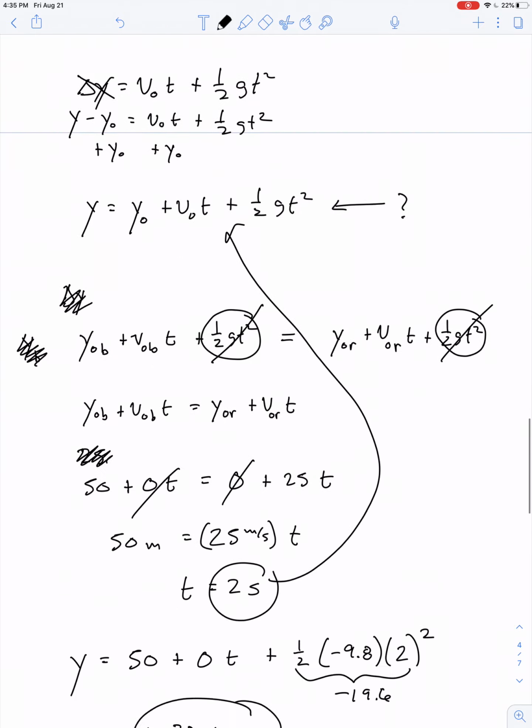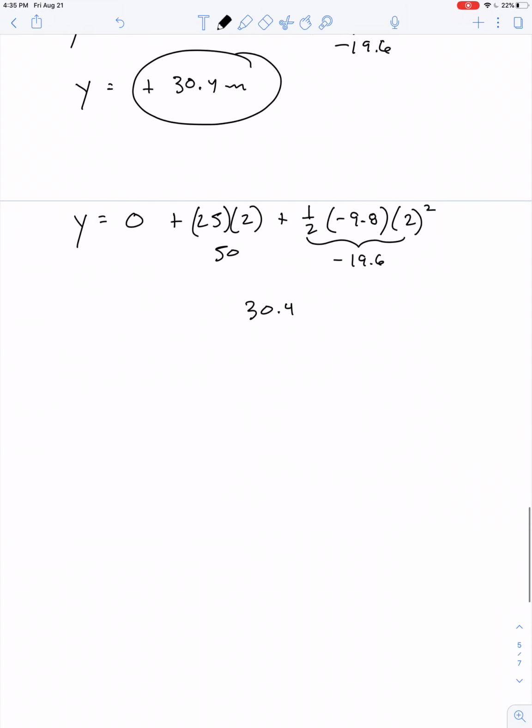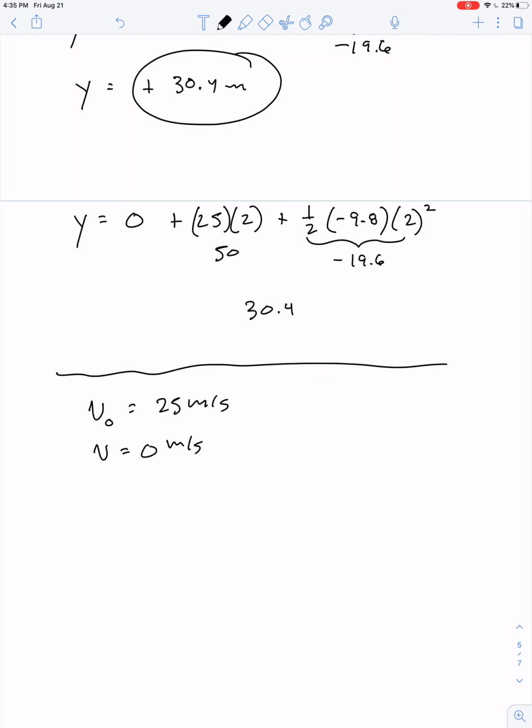So what do we know for this rock? It has an initial velocity of 25 meters per second. It has a final velocity of 0 meters per second. If the question is asking how high does it rise, well, as the rock is rising, if it's still rising, it still has a positive velocity.